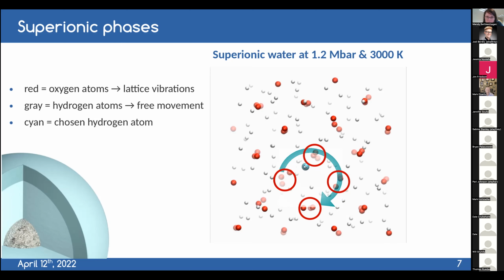And then this hydrogen atom basically jumped in between these four sites. And this is exactly what the superionic phase is about. These hydrogen ions don't just have this one oxygen ion, they really have this diffusive process where they change their bonding partners very frequently.